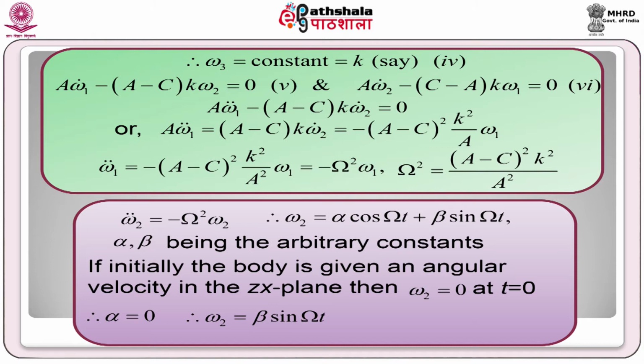If initially the body is given an angular velocity in the zx plane, then omega 2 is obviously 0, because omega 2 is the angular velocity about y axis, but here we have given the angular velocity in the zx plane. So, omega 2 equal to 0 initially, means at t equal to 0. This gives alpha equal to 0. Therefore, we have omega 2 equal to beta sin capital omega t.